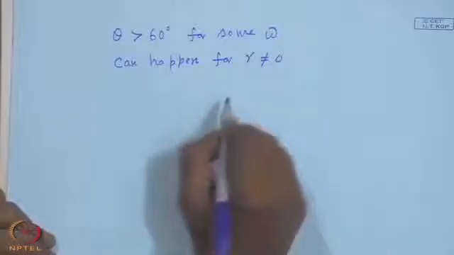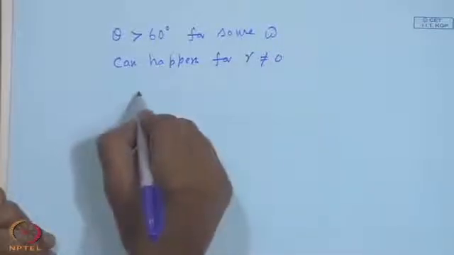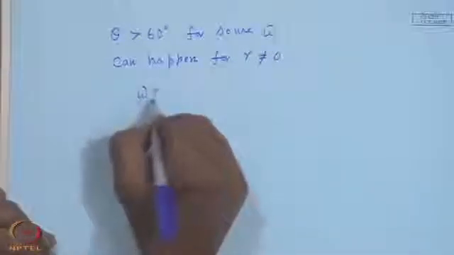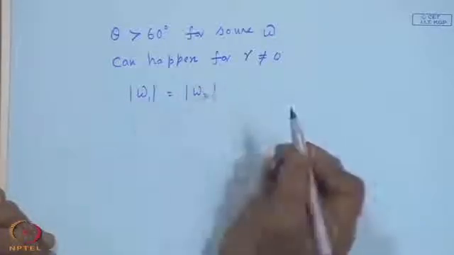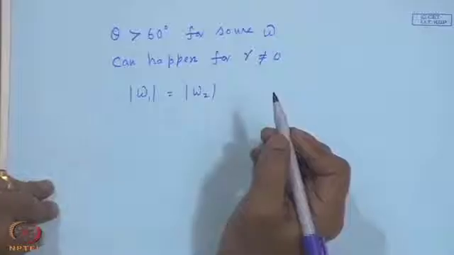If gamma is 0, this mod omega 1 should be equal to mod omega 2, otherwise they differ.